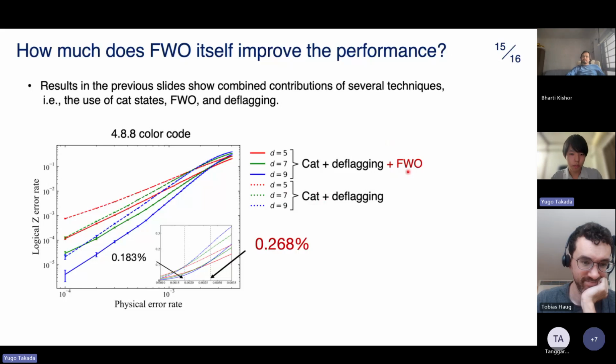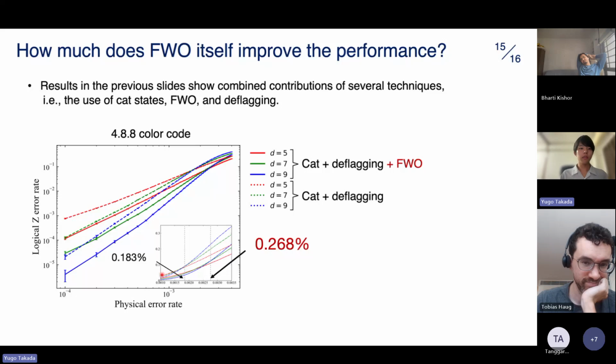You can see that the method with FWO achieves a threshold around 0.27%, but if we don't use FWO, it achieves a threshold of only around 0.18%. So it means FWO significantly contributes to the improvement of the threshold.